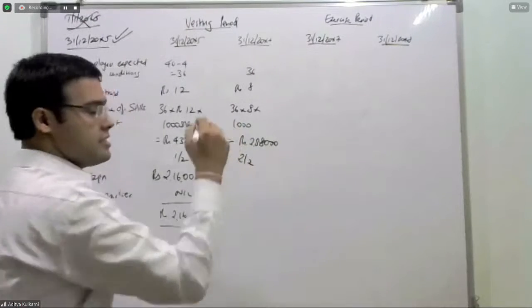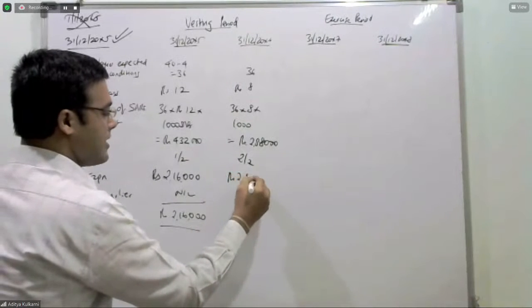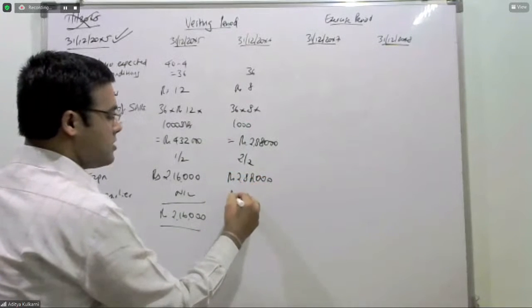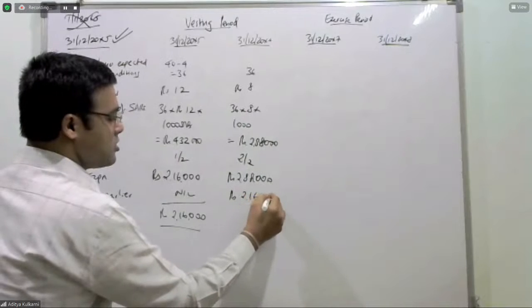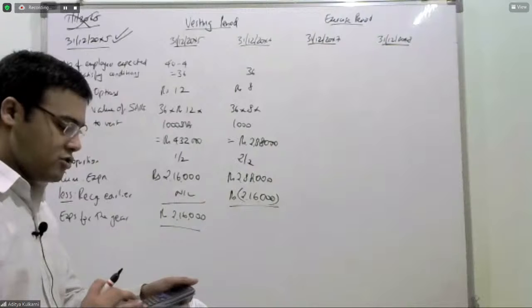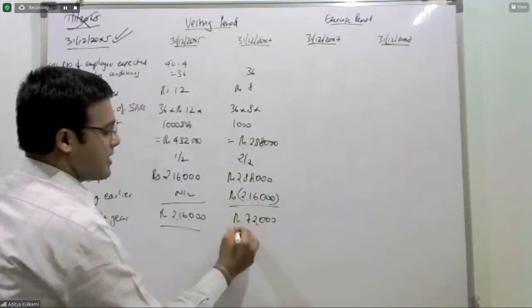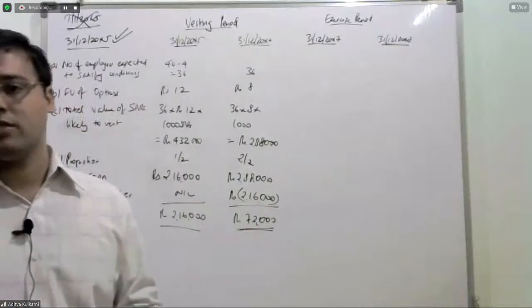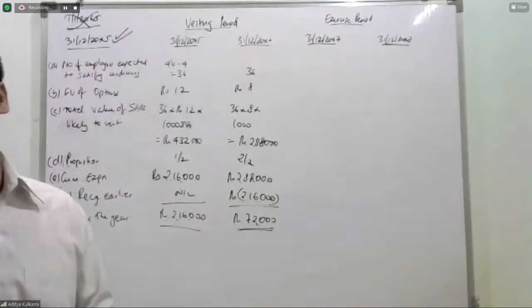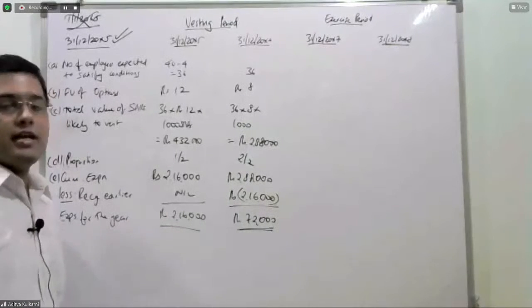The SARs are vesting, so 2/2. So this will be 2,88,000. How much you have recognized earlier? 2,16,000. So 2,88,000 minus 2,16,000, you will be recognizing additional expenditure of 72,000 on 31st December 20x6.